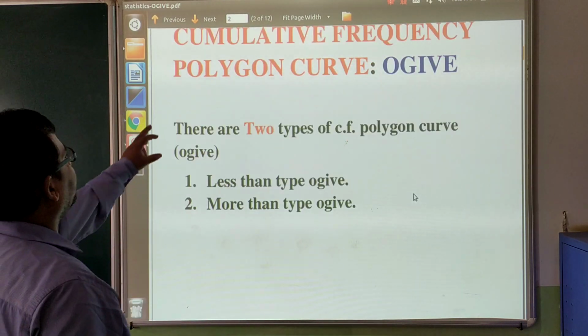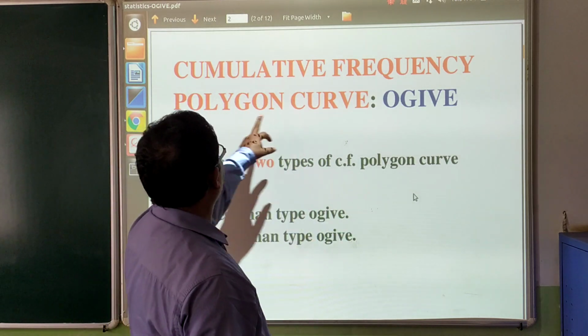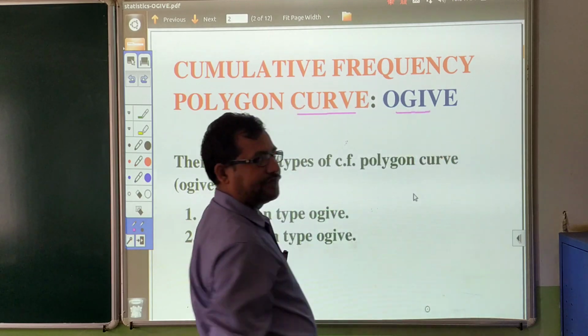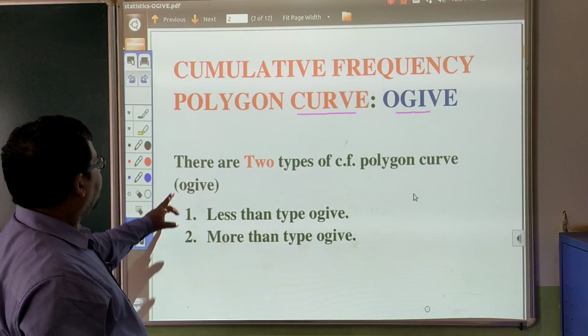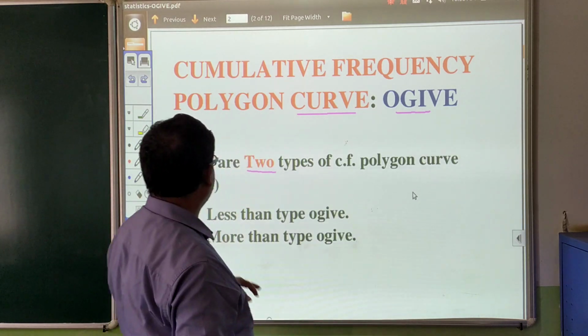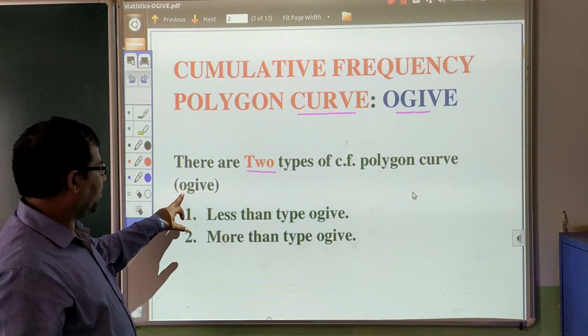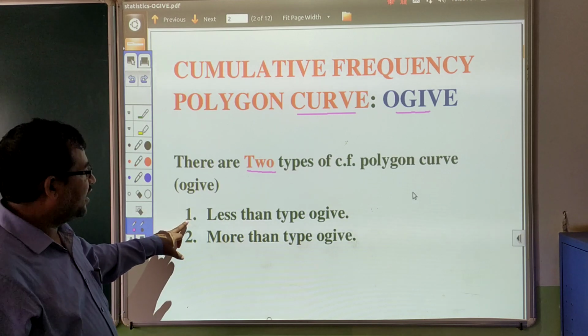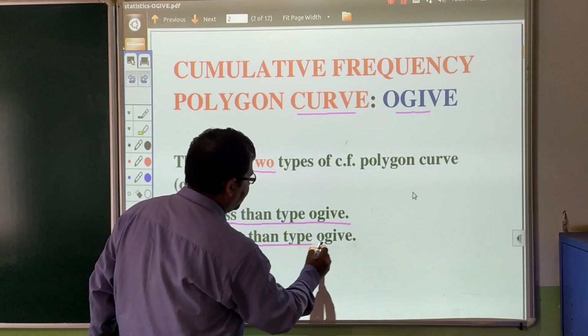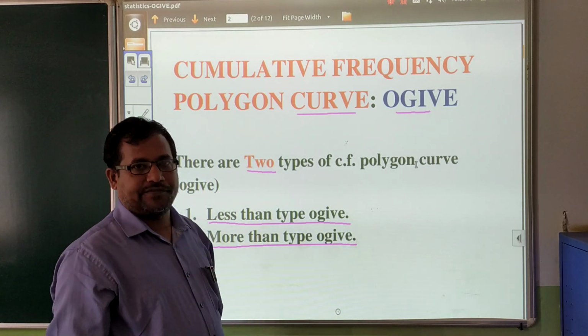So today we will discuss cumulative frequency polygon curve or OGIVE. There are two types of cumulative frequency polygon curve, or you can say OGIVE. First one is less than type OGIVE and second one is more than type OGIVE.